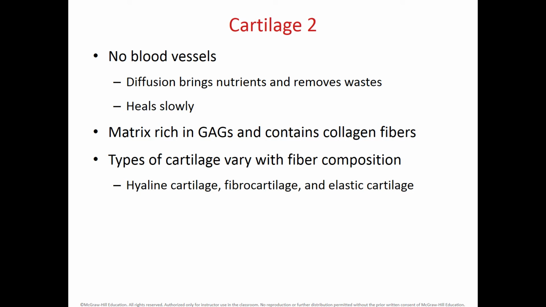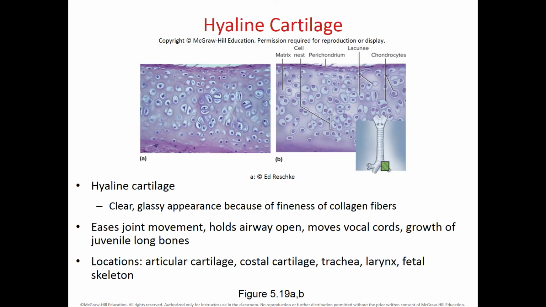Again, the different types of cartilage that we have are hyaline, fibrocartilage, and elastic cartilage. So this is how hyaline cartilage looks. These will be the chondrocytes in these spaces that we call the lacunae, and then this will be the matrix, which is made by glycosaminoglycan.